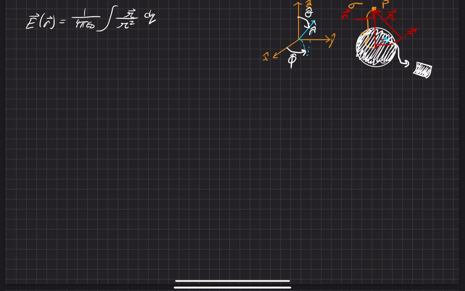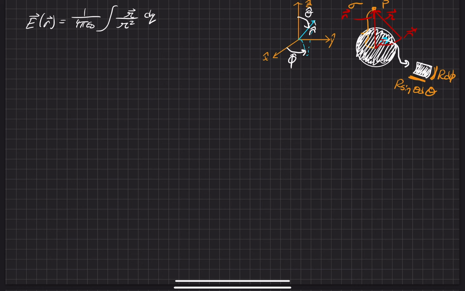This side right here is going to be r sine theta d phi, and this portion right here is going to be r d theta. Oh, I'm sorry, this is theta. So of course, if you're like me and a little bit mixed up on these spherical coordinates, we can go back to chapter 1.